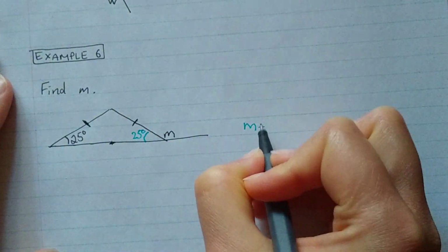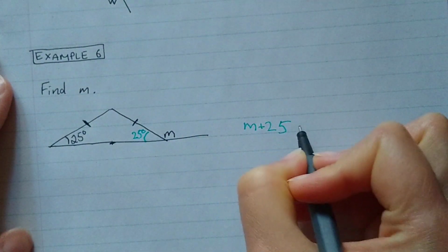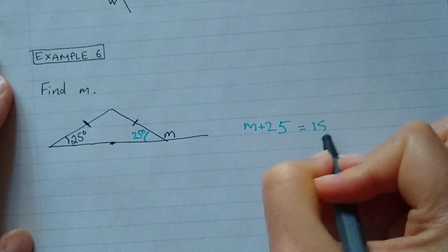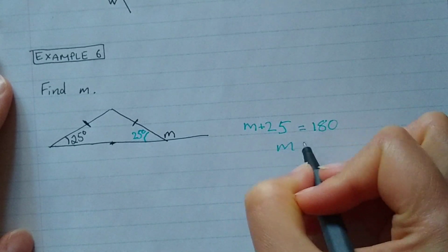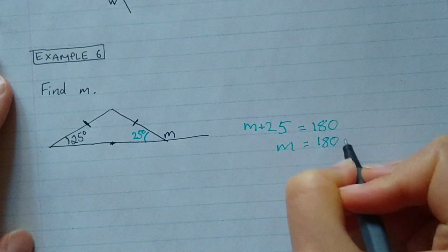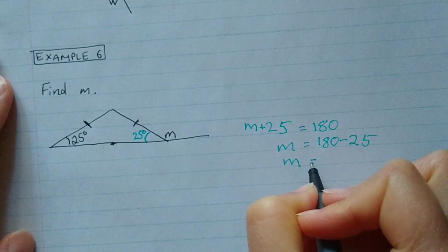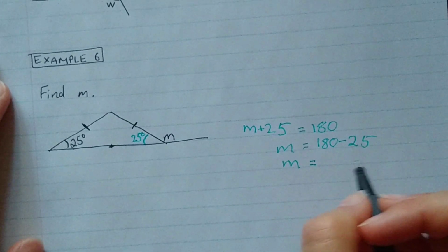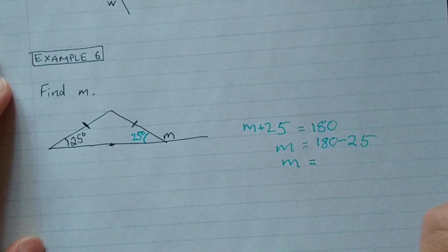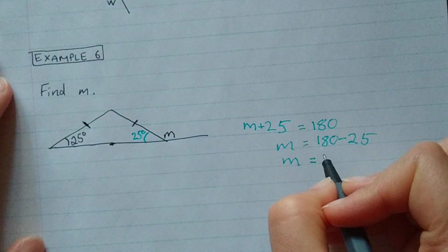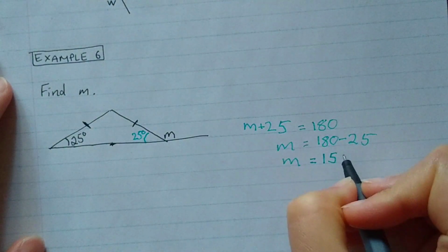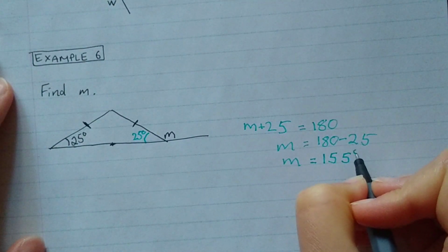So m plus 25 has to equal 180, which means that m equals 180 minus 25. And 180 minus 25 is 155 degrees.